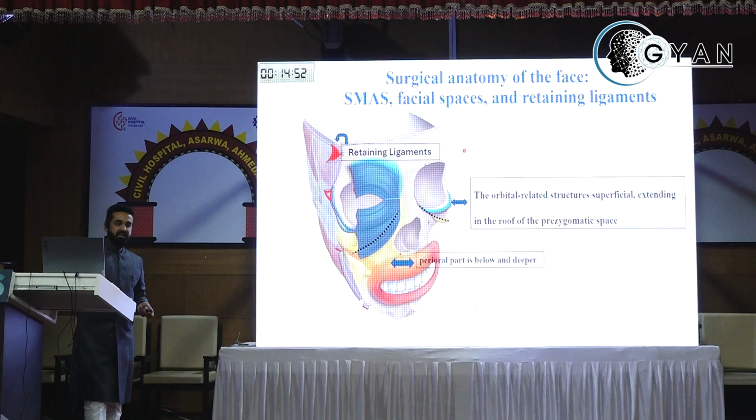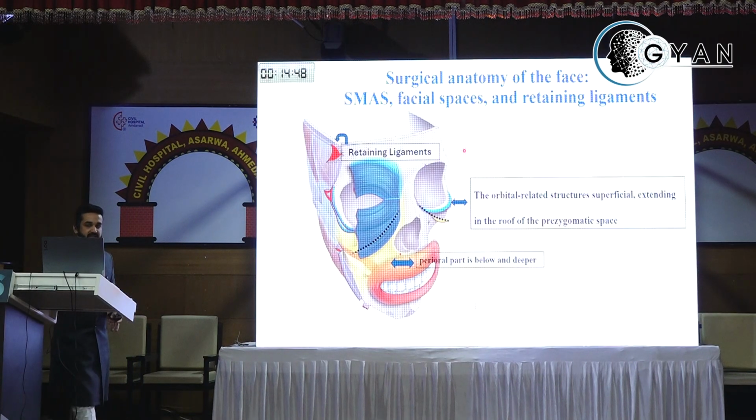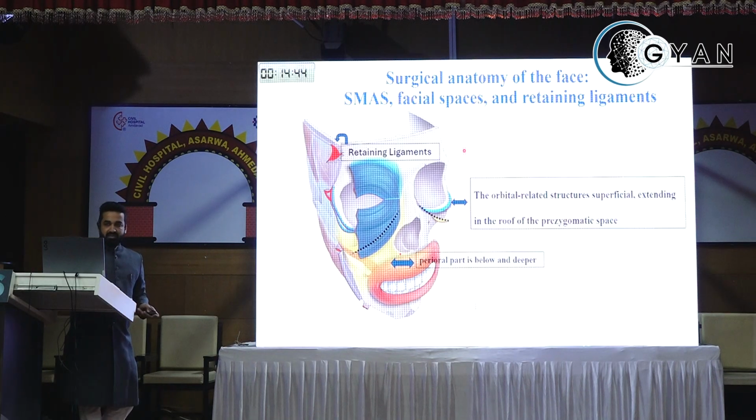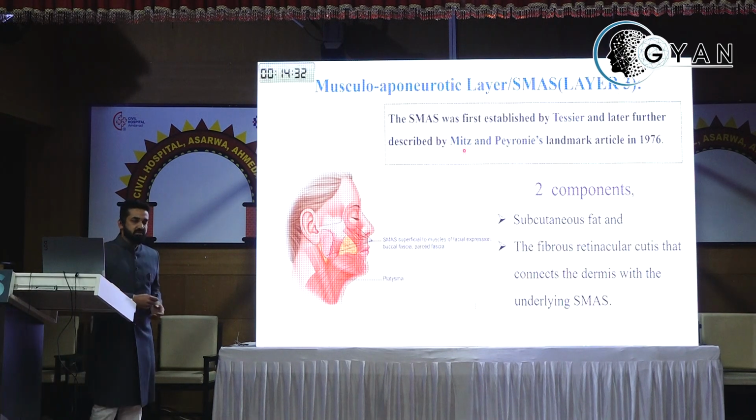So surgical anatomy is basically an interplay between the SMAS, facial spaces and the retaining ligaments. The SMAS layer to begin with was established by Tessier and later further described by Mitz and Peyronie in the landmark article of 1976. What does the SMAS really do?